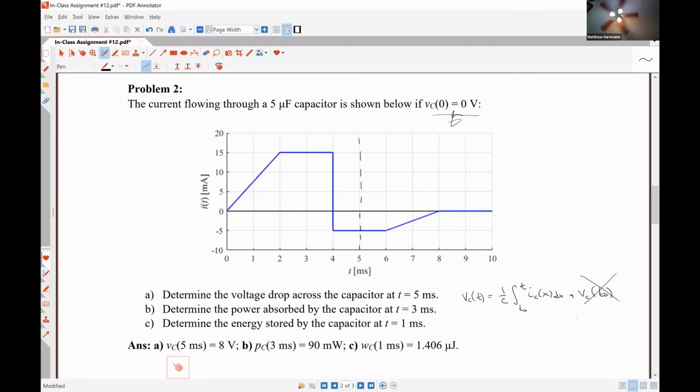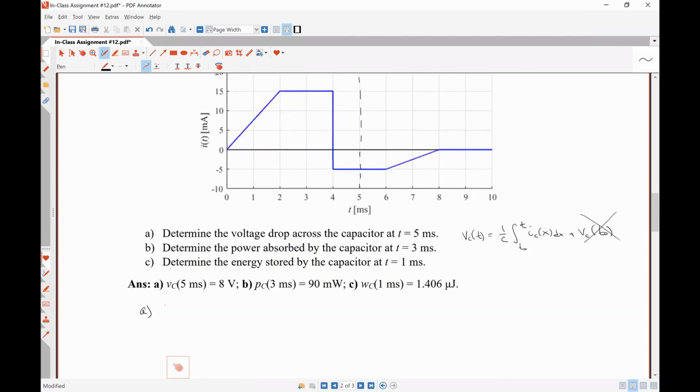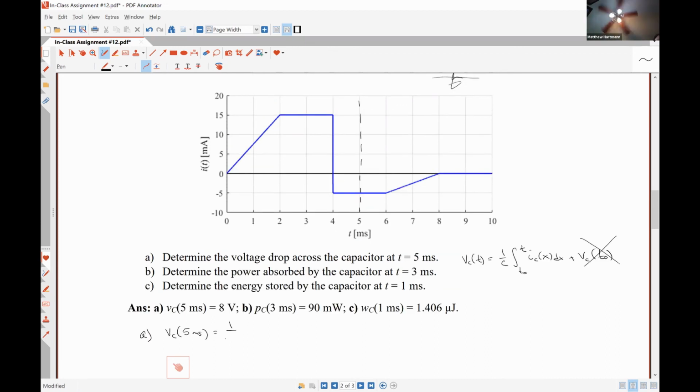So I would argue that for part A, VC at 5 milliseconds is going to be 1/c, which was 5 microfarads, multiplied by the area of this triangle, the area of this rectangle, minus the area of that rectangle, because it's underneath the horizontal axis. Anybody have any issues with me breaking it up into 3 bite-sized pieces like that?